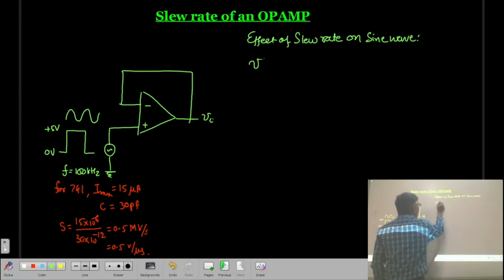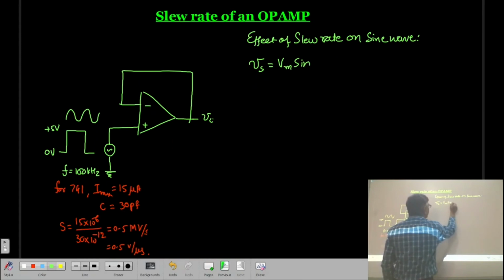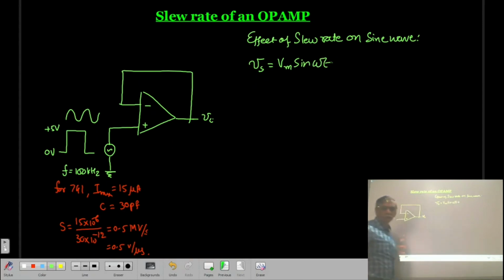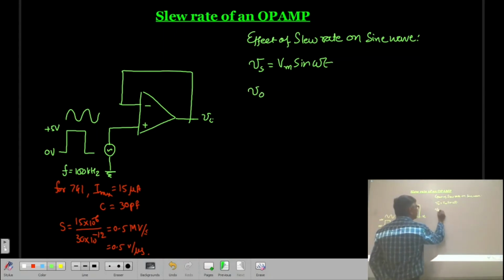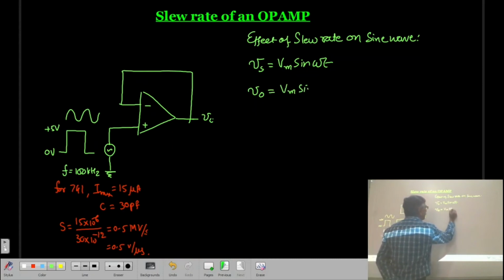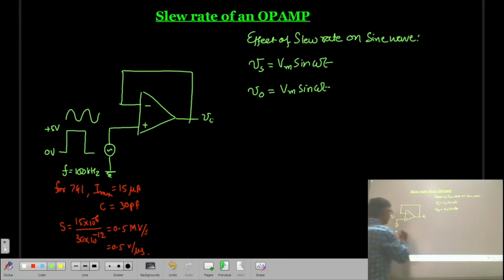Let us say my input signal is given as Vm sine omega t. Then the output voltage will also be Vm sine omega t, because the closed loop gain of this amplifier is unity. So the input signal and the output signal must be identical.